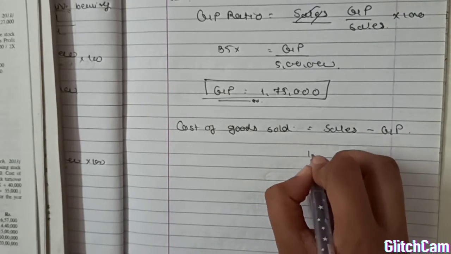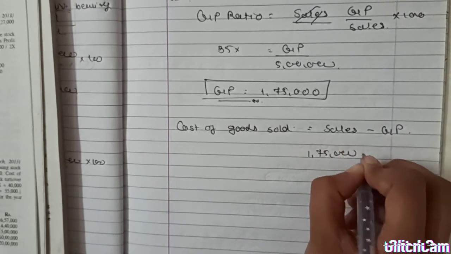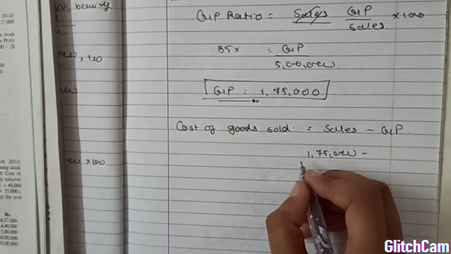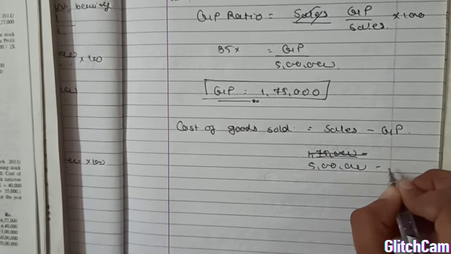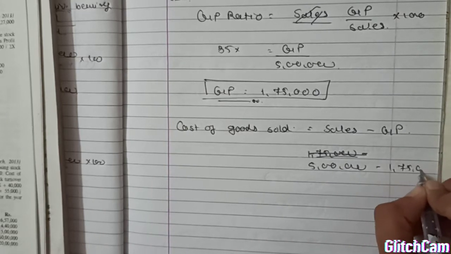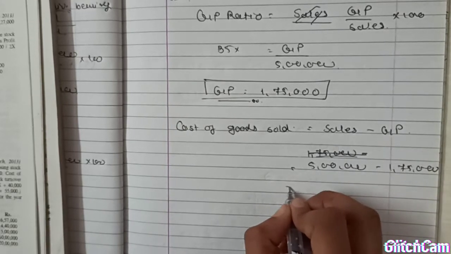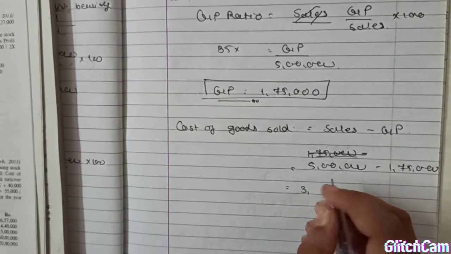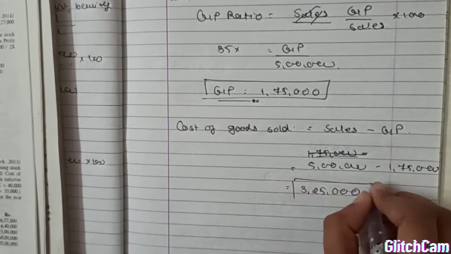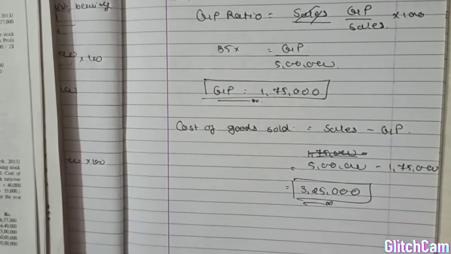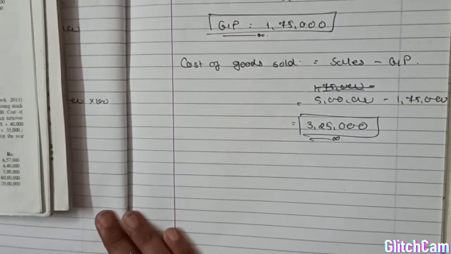So sales will be 5 lakh minus gross profit 1,75,000. Then cost of goods sold will become 3,25,000. Right?